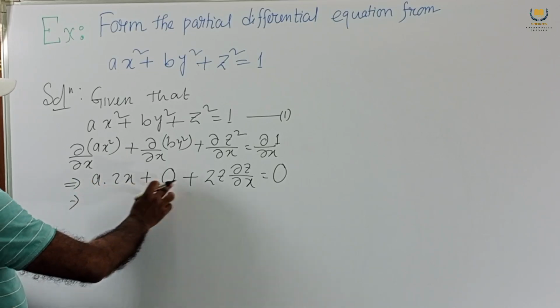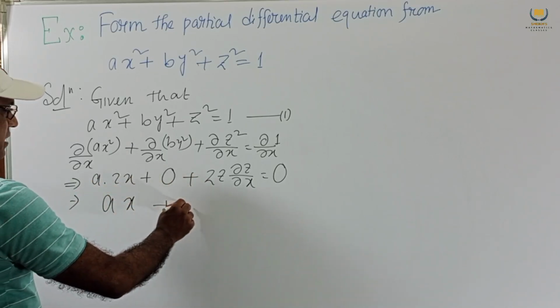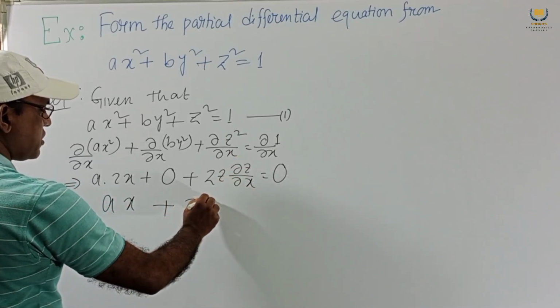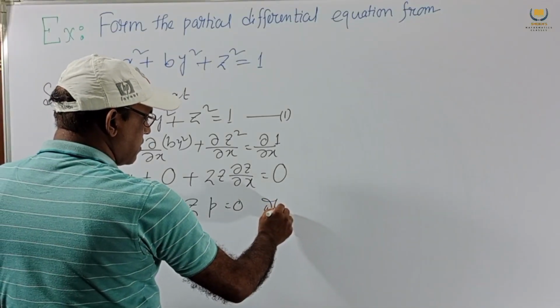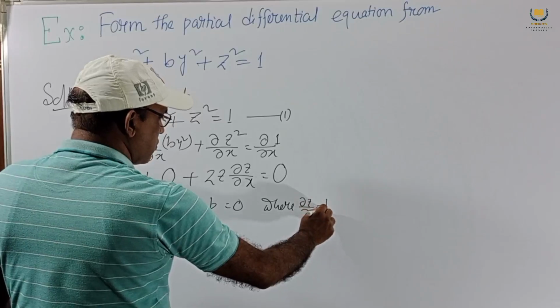And here 2 is common, here also 2 is common, 2 cancels, a x plus z p. This we know, where del z by del x equal to p.